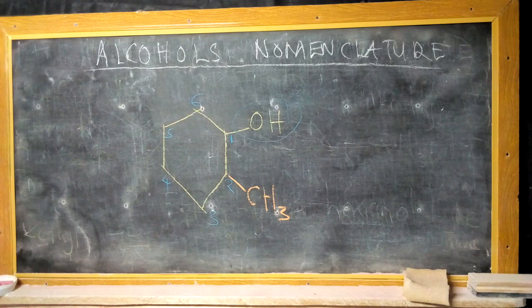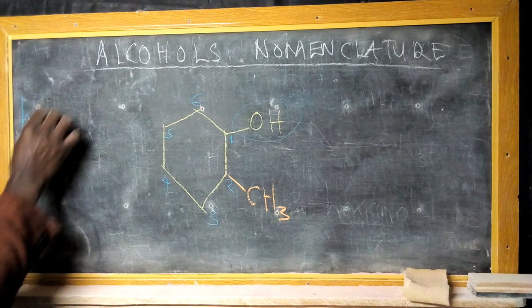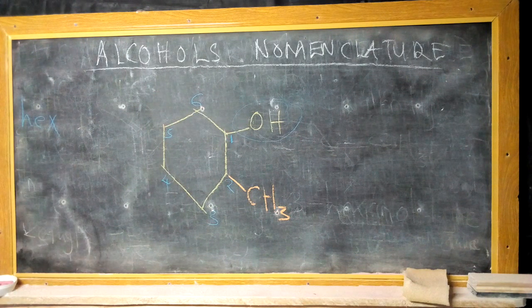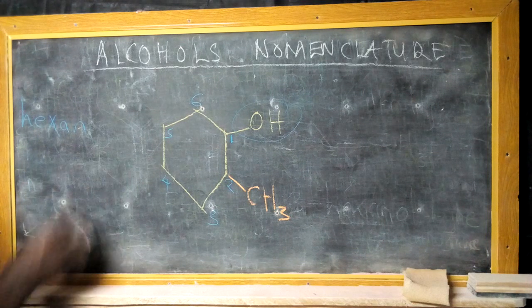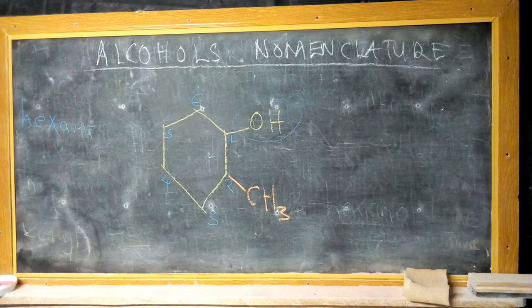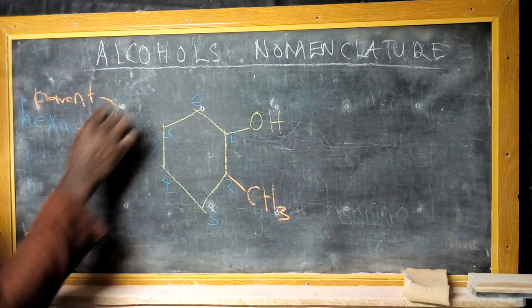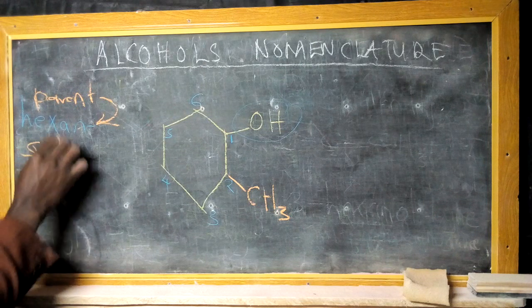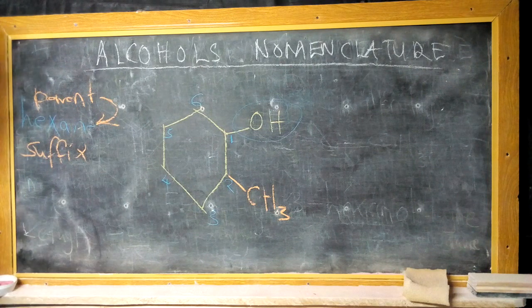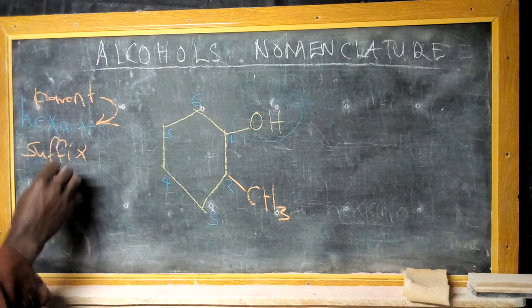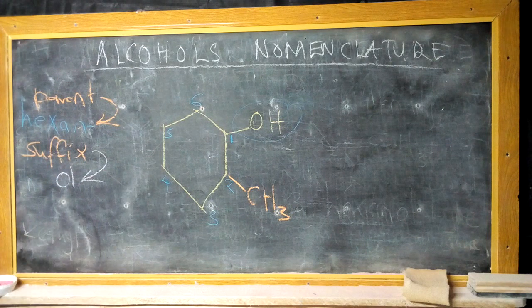So the name for that from the parent alkane series for 6 carbons is hexane, this is the parent name. And then the suffix, for alcohols, is -ol.